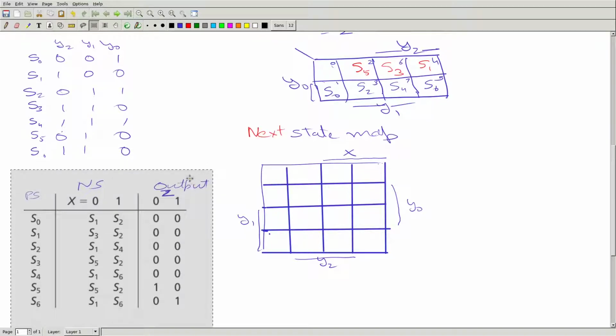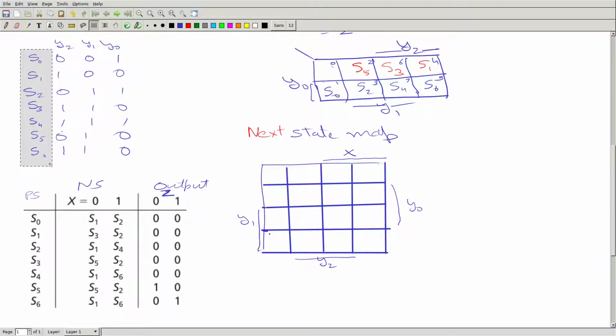So we have our encodings, and we can move this here and include X here. Let's say for now X equal to 0, 0, 0, 0, 0, 0.